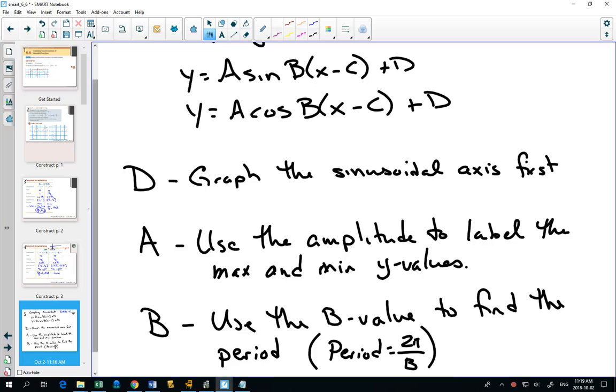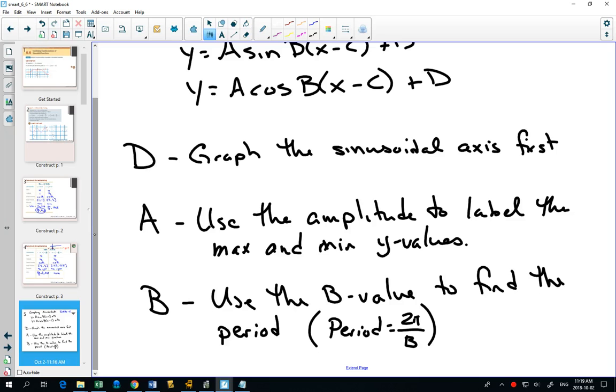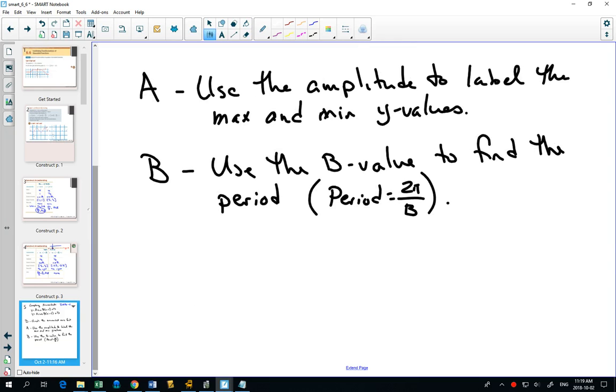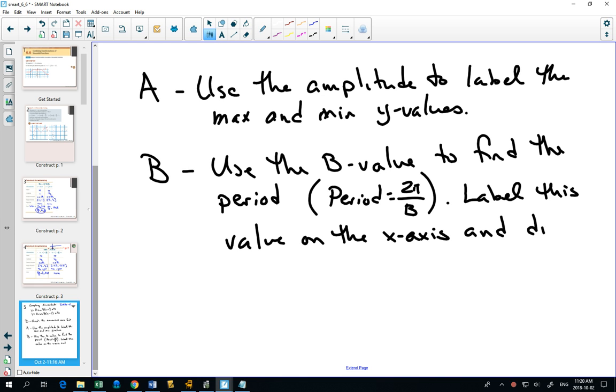You're going to use the B value to find the period. Remember, our period is 2 pi over our B value. And we've done this before, like when we graph our normal sine and cosine graph.